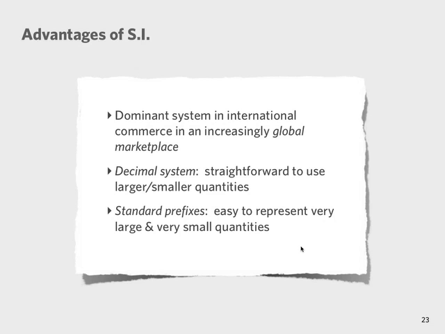I think it's 2, Liberia and the US, something like that. If there's a third, it's another small country somewhere. So really, the whole world uses this, okay? It's very straightforward with SI units to use large or small numbers because of the decimal system, and you have all these prefixes: micro, nano, then kilo and mega and so on. So you can very easily work with large and small numbers because of the standard prefixes.